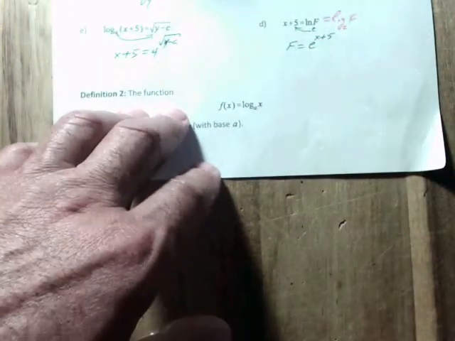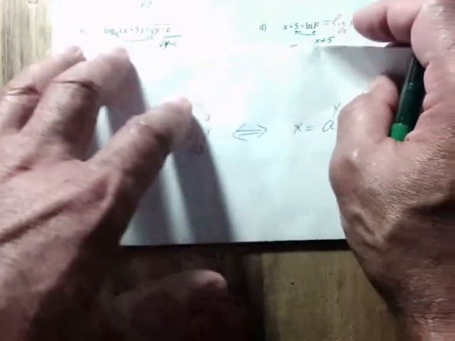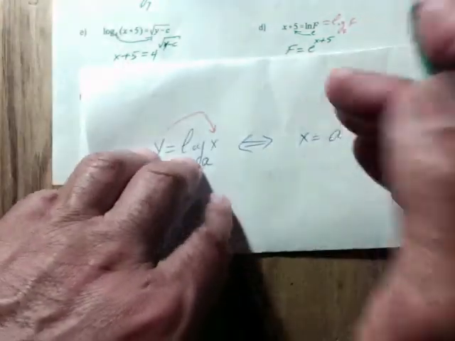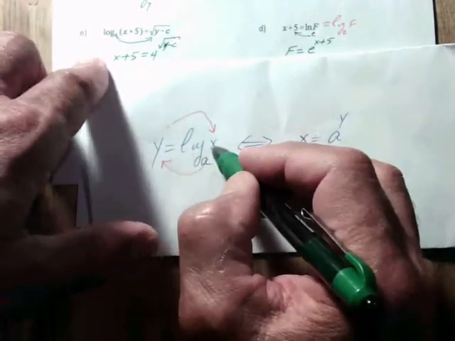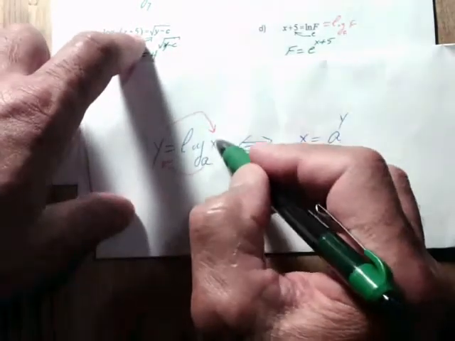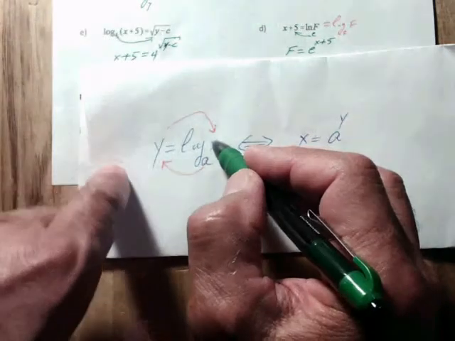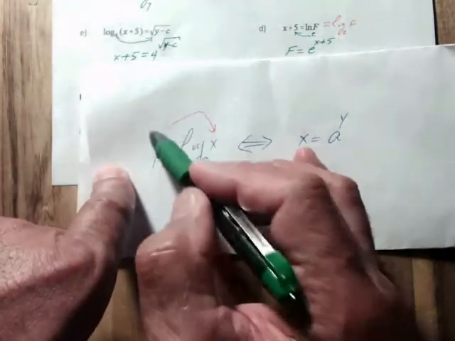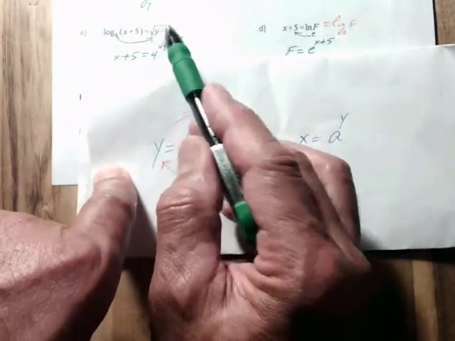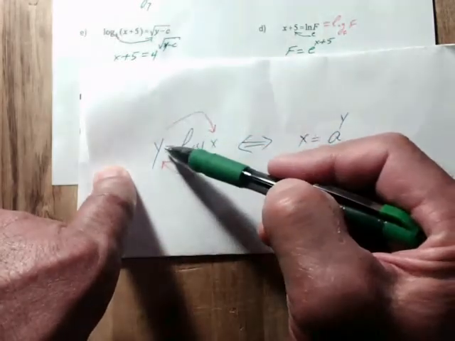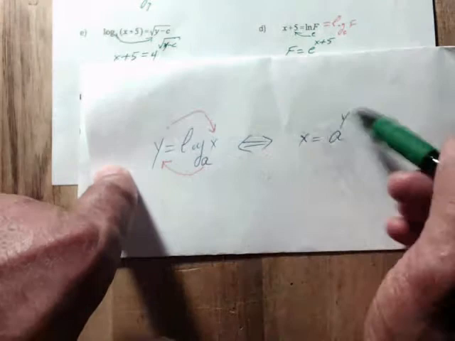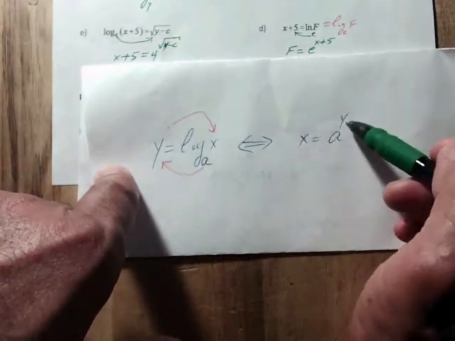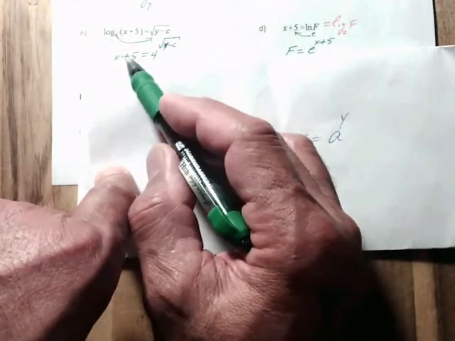Again, you have to just figure out what plays the role of x and what plays the role of y. Like here, in the logarithmic, x plus 5 plays the role of x, and square root of y minus c plays the role of y, and of course your a is 4. So if I rewrite it in terms of x equal to a to the power y, this is what I get.